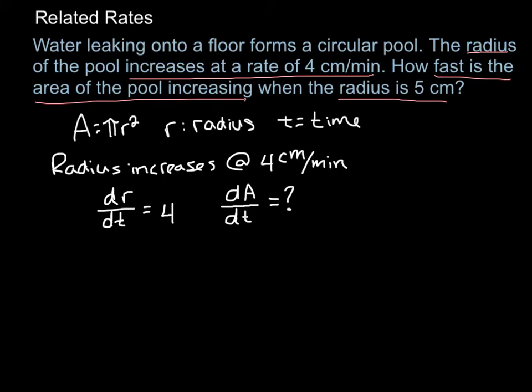So let's just take it step by step. Since we're trying to find the derivative of the area with respect to time, let's take the derivative of this equation with respect to time. So we have A equals pi r squared. We're going to take the derivative with respect to time on both sides.